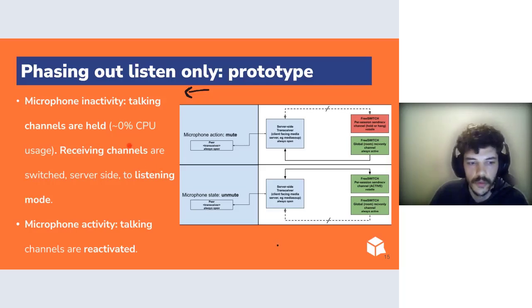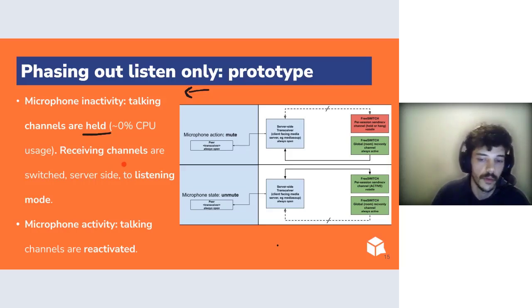So when there's microphone inactivity, sorry, my talking channel, when I'm not talking, will be held on the server side. When a channel is held on FreeSwitch, CPU usage actually zeroes out, so it basically doesn't really exist. And the receiving channel, so what I'm hearing, is switched on the server side to listening mode.